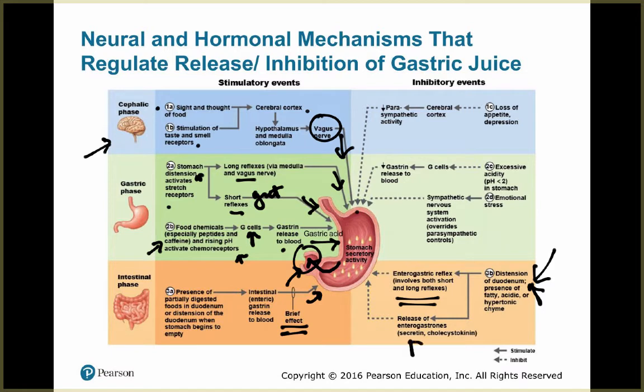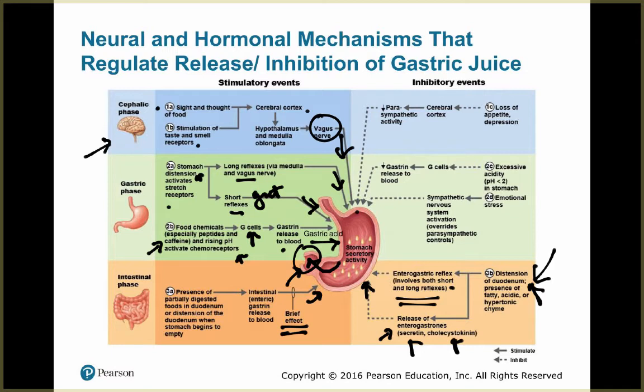So you're going to get secretin and cholecystokinin, or CCK, that gets released, and these are enterogastrones that will reduce the secretion, or the intergastric reflex, which includes both the short and long reflexes, both gut brain and regular brain, to stop.